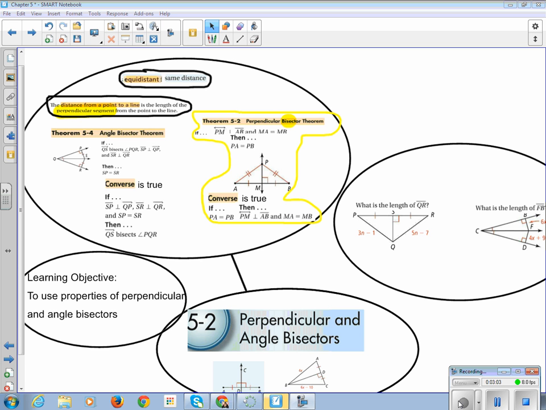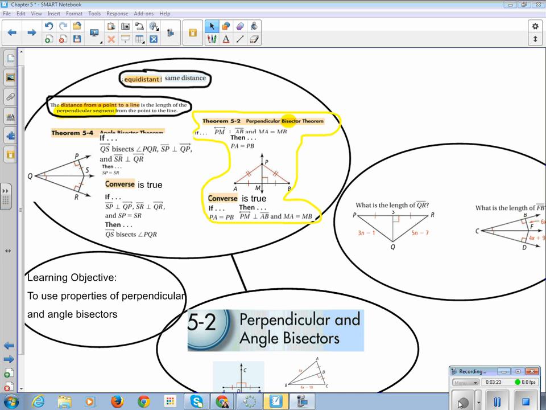So the angle bisector theorem says, and there's a whole bunch of if parts to this, so make sure you're diligent about keeping track of all these ifs. If QS bisects angle PQR, and this picture is really important, so make sure you have your picture done correctly.